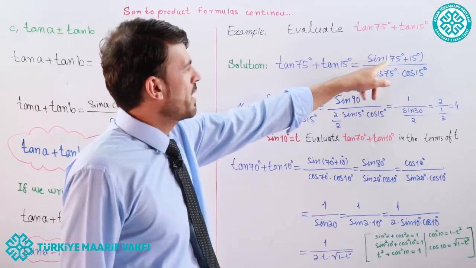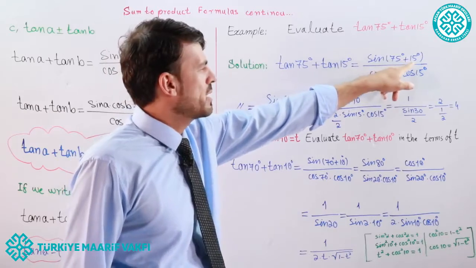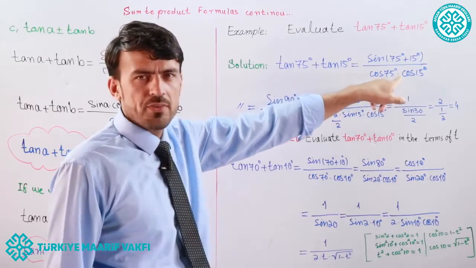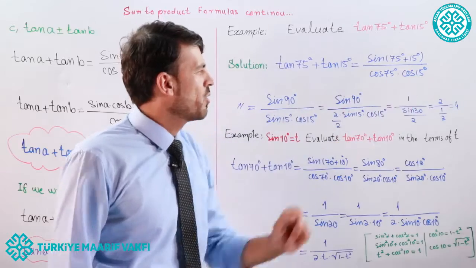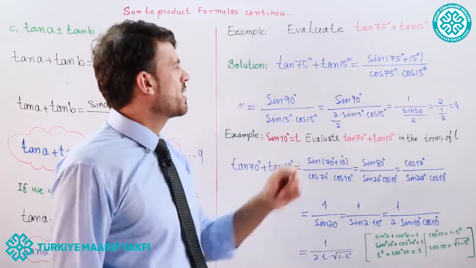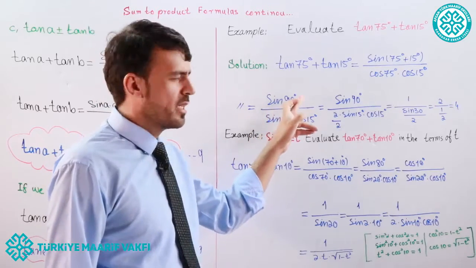We are writing sine of 75 degrees plus 15 degrees. In the denominator, cosine of 75 degrees multiplied by cosine of 15 degrees. So if we add 75 with 15, that will be sine 90 degrees.